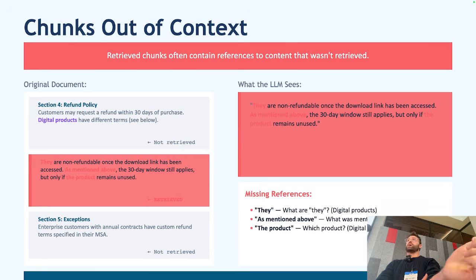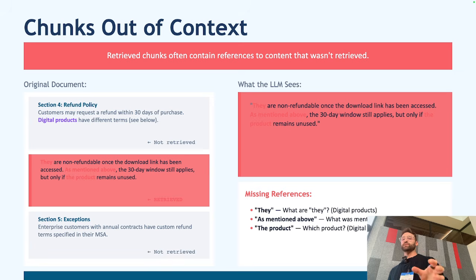This is probably the most common problem, actually. When you're looking at why this didn't work, you're likely to see that you passed a chunk to the model that referred to other parts of the document. It referred to other concepts that the user would know about or that are required to answer the question, but that don't occur in this chunk or any of the chunks that were returned.